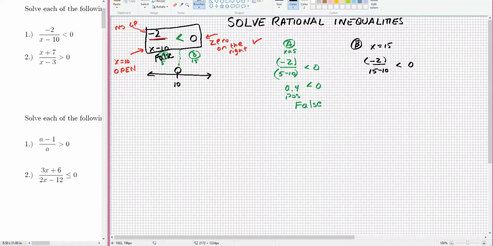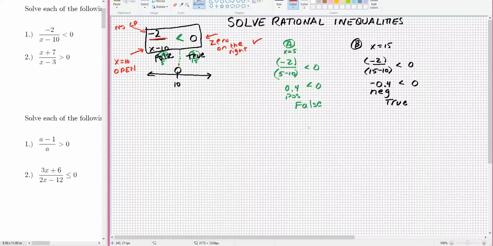Once again, type this in the calculator, make sure that you use your parentheses, and double check that you get the same number as I do. When I type this in the calculator, I got negative 0.4. And is this less than 0? Yes, this is a negative number, and a negative number will always be less than 0. So this is a true statement. So to the right, I have true.